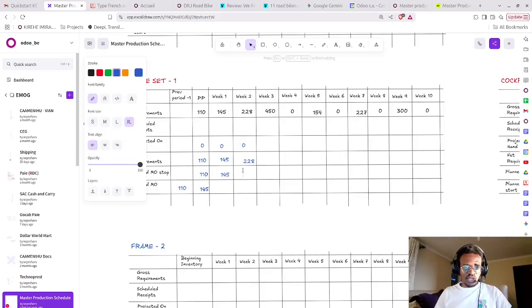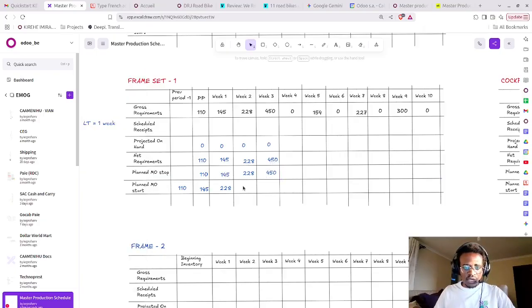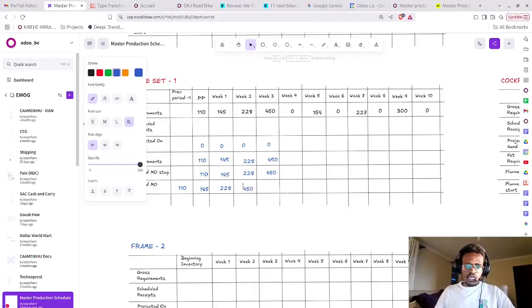I need manufacturing orders stopping during this week, but they take 1 week, so I need to start 1 week before. 450, I have 0 on hand. I have a net requirement of 450. I have 450 MOs planned to be finished in week 3, so I need to start 1 week early.